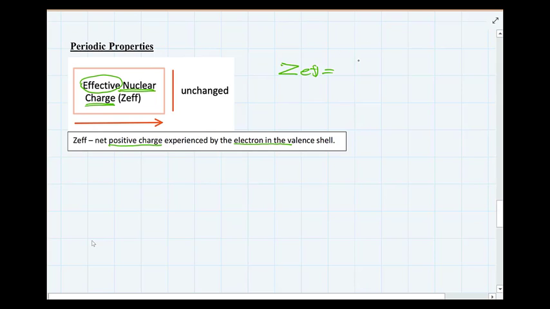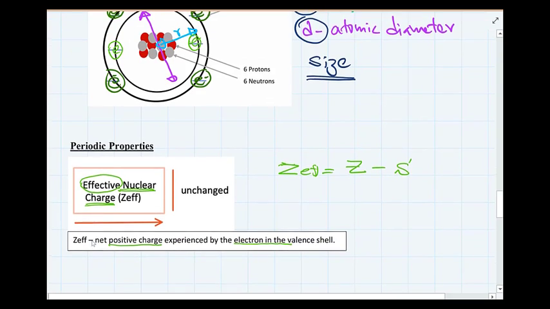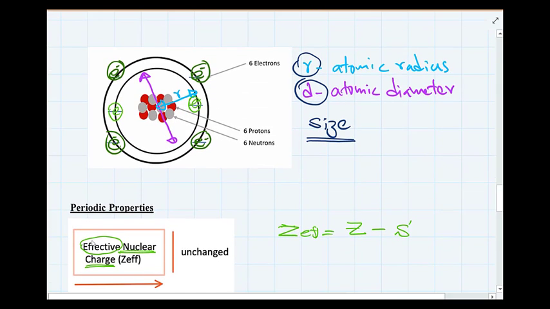So the Z effective, or the net effective charge, is Z minus S. That is basically protons minus shield electrons. So what are the shield electrons? We put it in the blue, light green color. The total electrons are Z, the total number of protons equal to the total number of electrons, right?